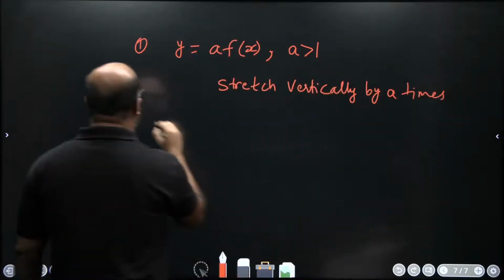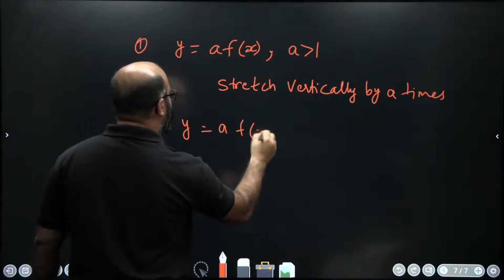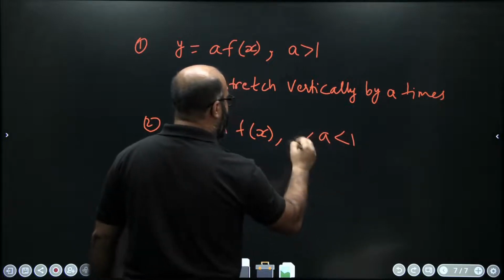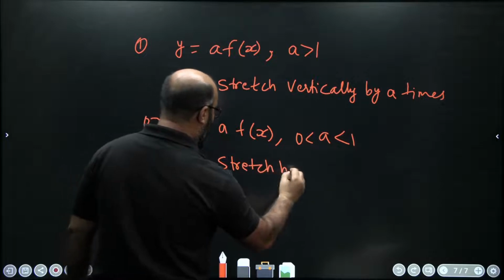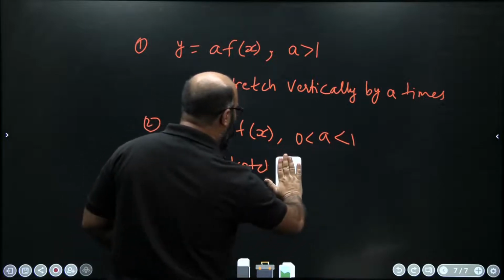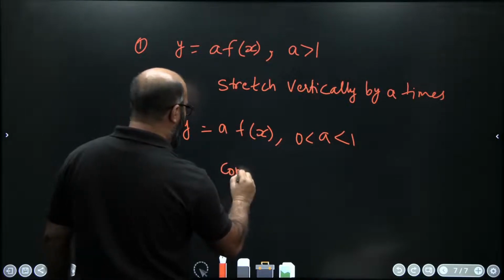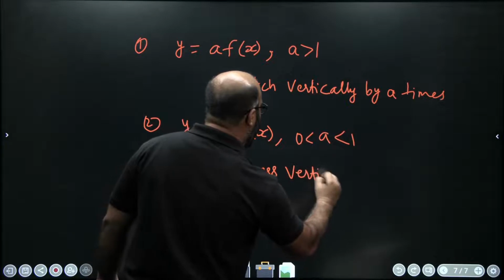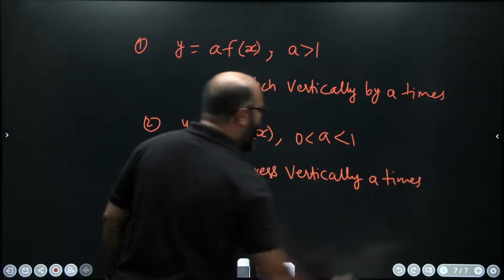And if I take y equals a f of x and a is between 0 and 1, it will not stretch, it will compress. What will happen? It will compress vertically a times.